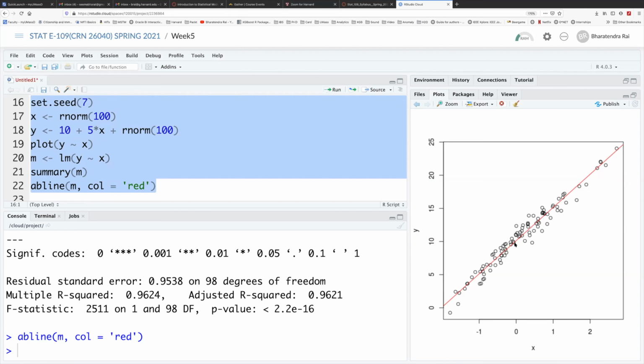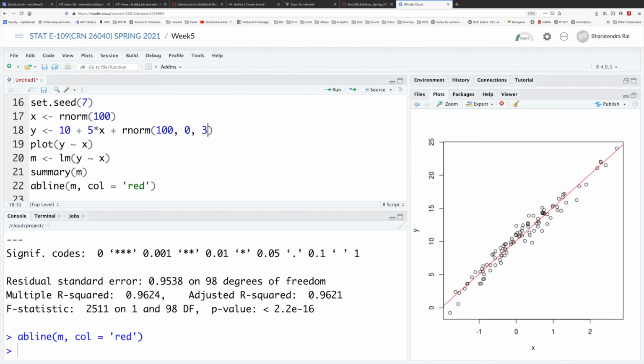So this was with an error term where error follows a normal distribution with mean 0 and sigma 1. But what if I make a change? Let's keep mean 0 because we have to satisfy that assumption, but we change the standard deviation to 3. Instead of the default 1, we increase it.